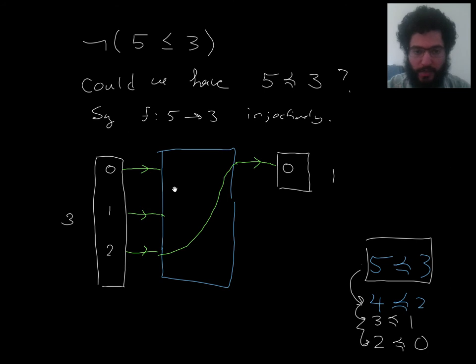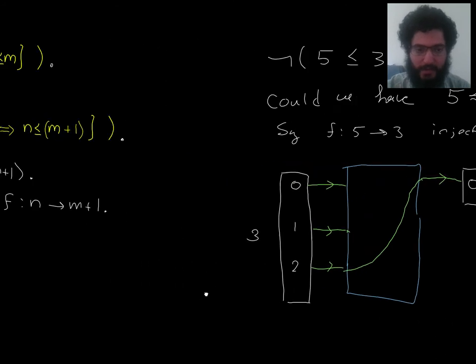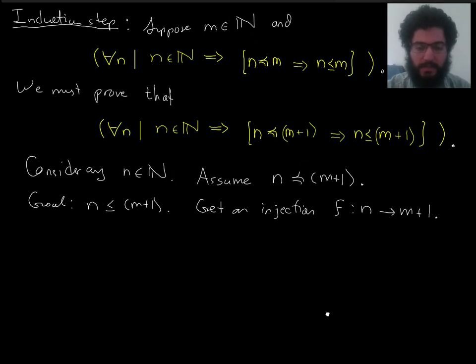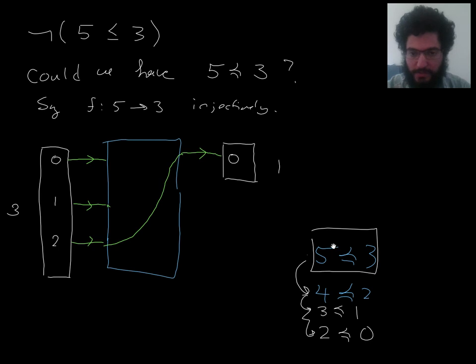And then we had to carry out some rewirings inside of that box to run our argument back then. What we were doing was trying to reduce the existence of an injection from 5 to 3 to the existence of an injection from 4 to 2. And that will reduce us, hopefully, to a situation where we can apply our induction hypothesis.